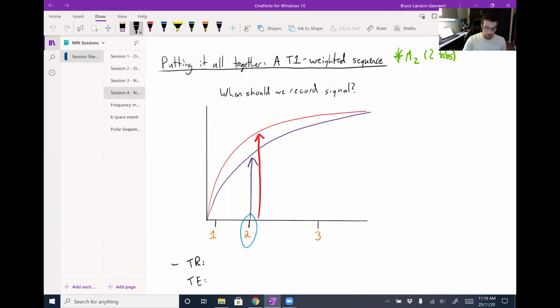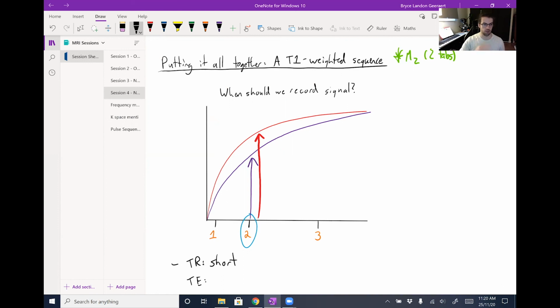Wrapping up that point, the rule of thumb for T1 weighted imaging is we want our TR to be short. Let's dig into that now. The reason that we want TR to be short is because, unlike T2 imaging, we do not want to give our NMV time to recover equally in all samples.